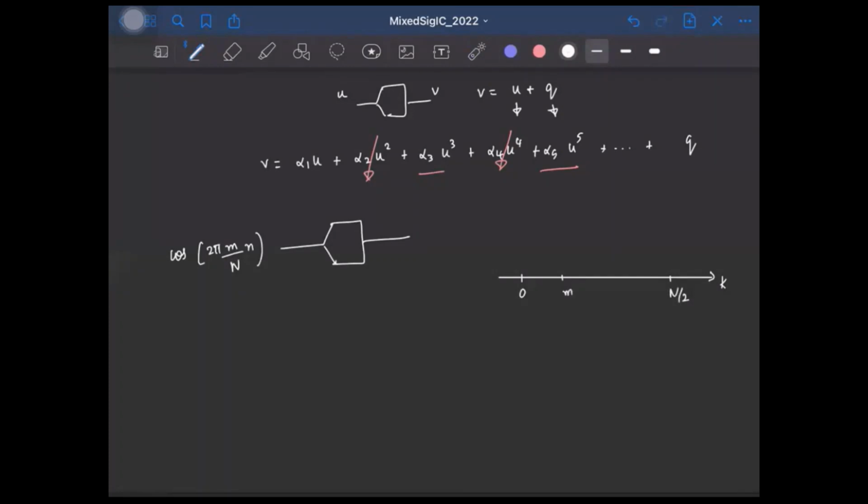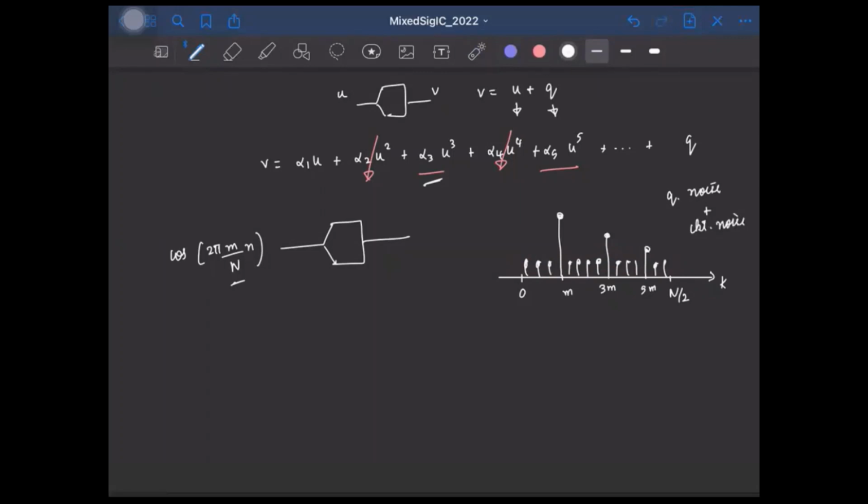At the mth bin, I'll have an impulse corresponding to the input fundamental frequency. Since I have a third harmonic, I'll also have an impulse at 3 times m. Similarly, for the fifth harmonic, I'll have one at 5m. All the other bins will be filled with quantization noise. In practice, this flat portion will be due to both the quantization noise and the circuit noise.